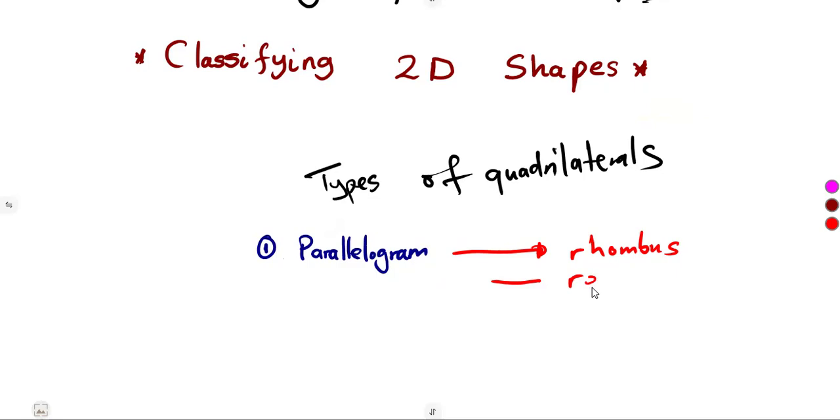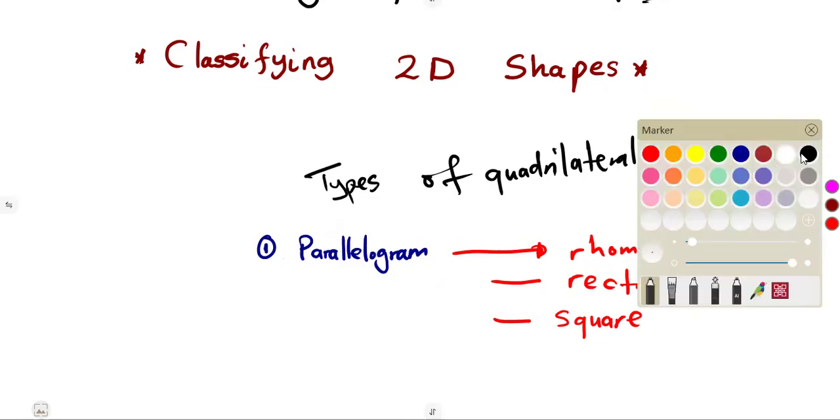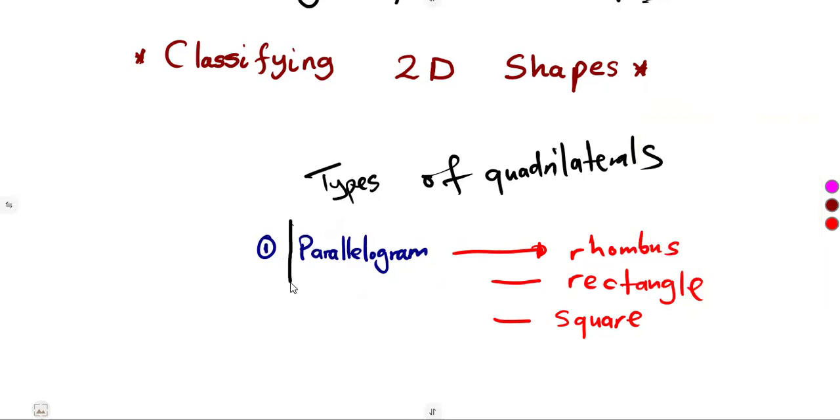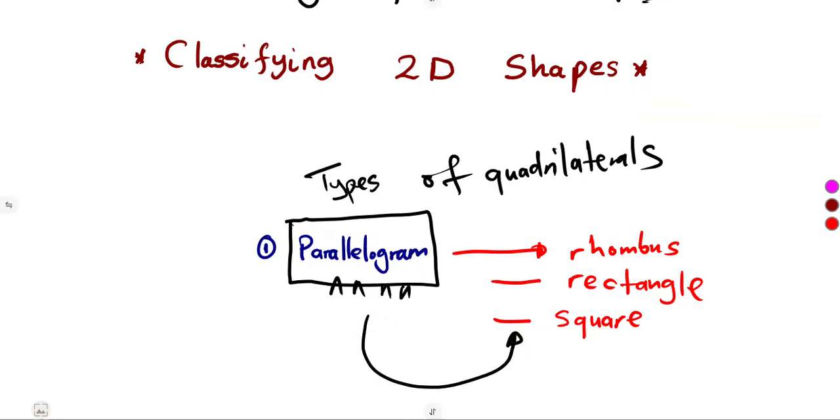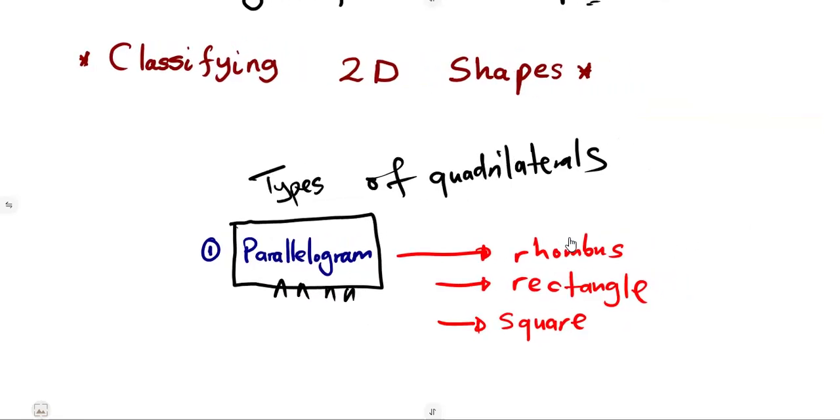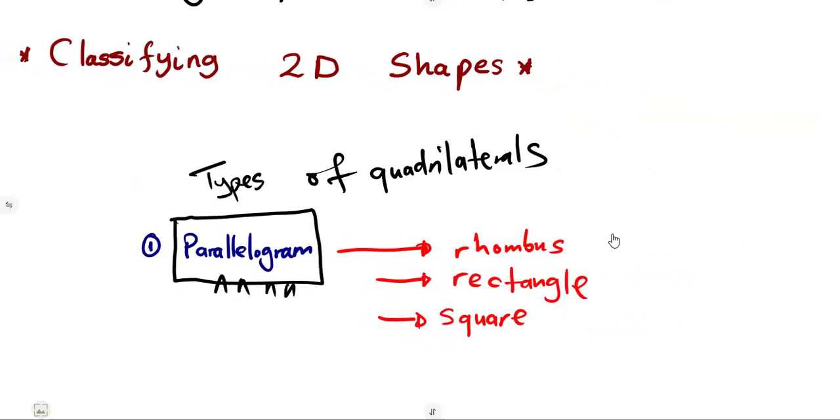We are going to be considering a rectangle on its own. We are going to be considering a square. They have properties which are taken from the parallelogram as a shape. It then gives us these other shapes, which is the rhombus, the rectangle, and the square. This is the major part that you're supposed to know.